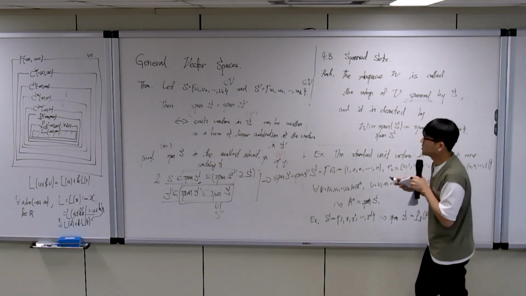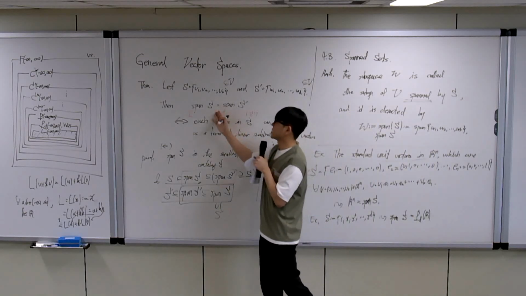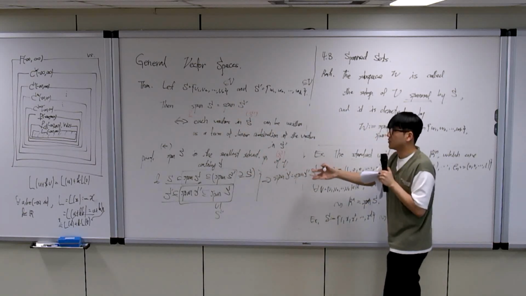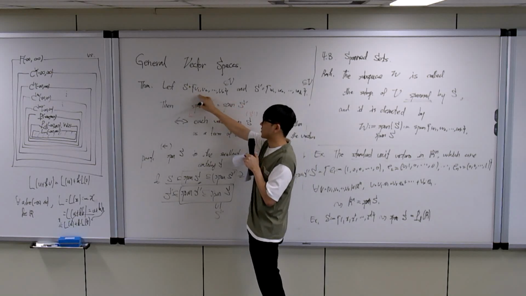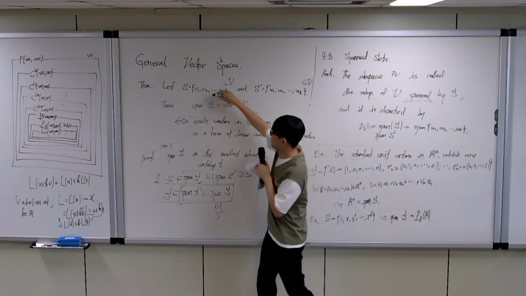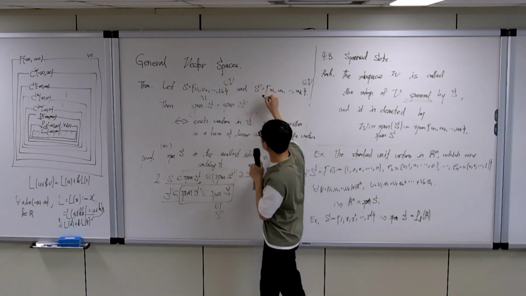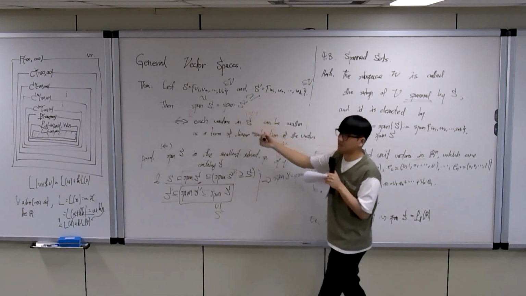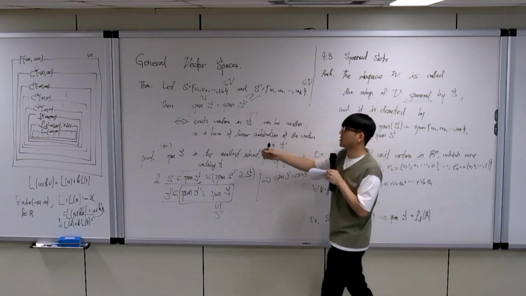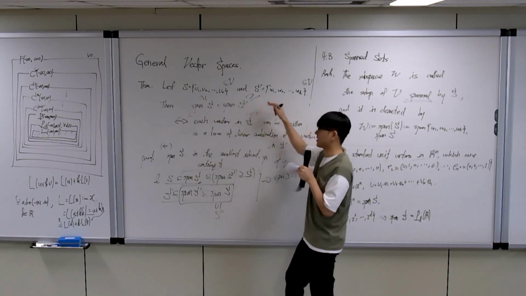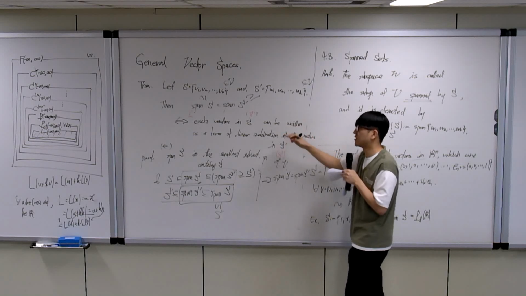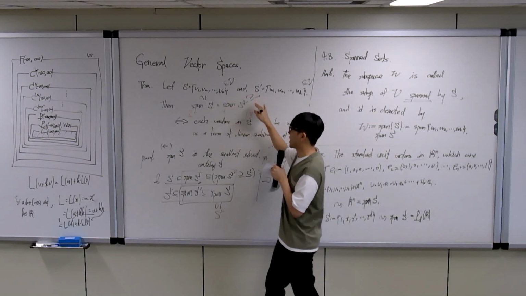And conversely, if two vector spaces are the same, then each vector is also in the expanded space, and that means this element can be written as a linear combination from this space.